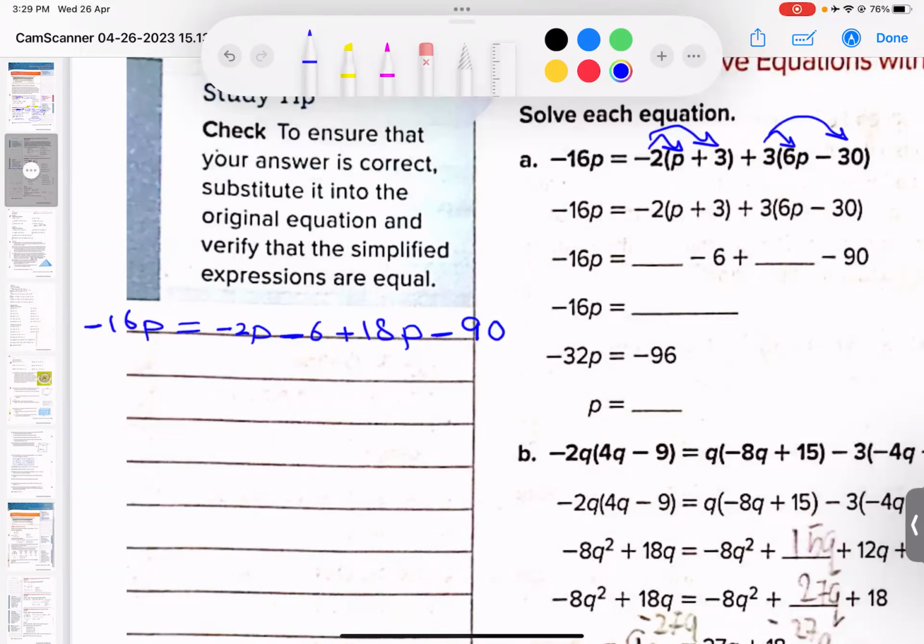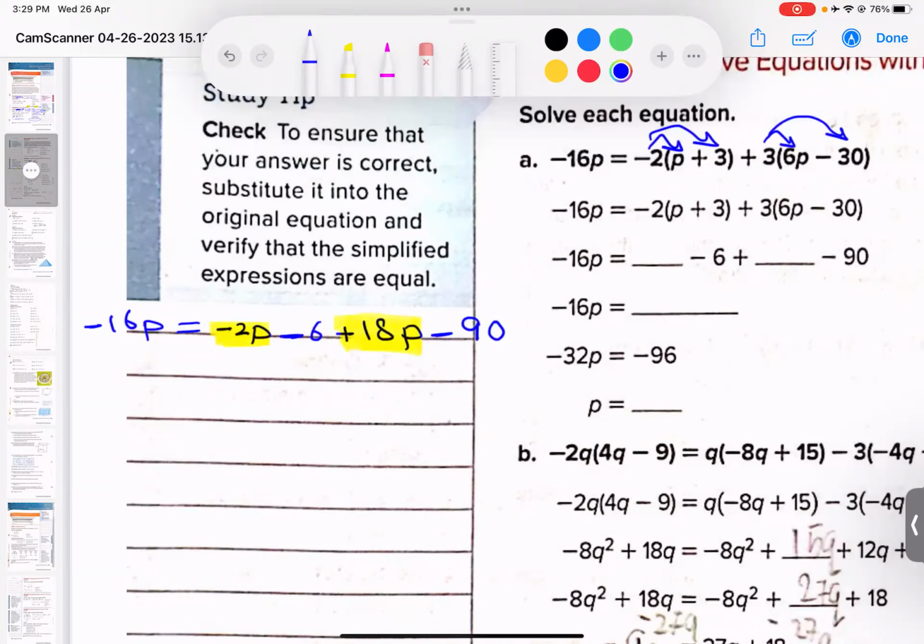Here we have a lot of p, but I really care right now about the p on the right-hand side. So let me highlight it. We have -2p, and at the same time we have positive 18p. So it seems like we are trying to subtract them.